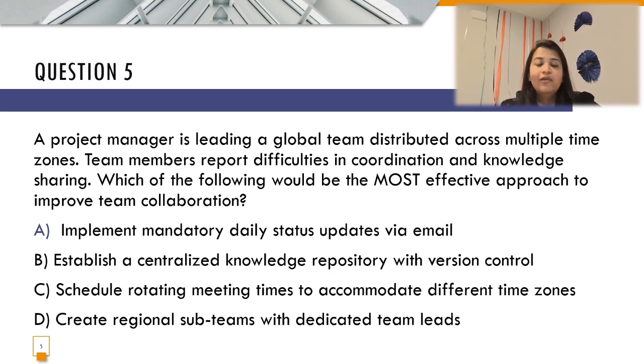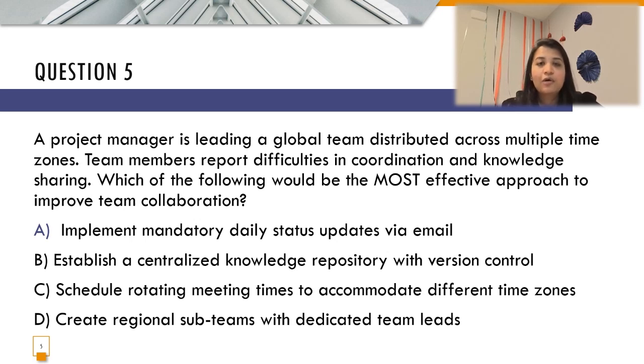Now, whenever the team is distributed globally with multiple time zones in place, we have to understand the most effective approach to keep everybody in the team updated and able to share their knowledge. What is the most efficient solution that the project manager should be using is something we are supposed to identify.